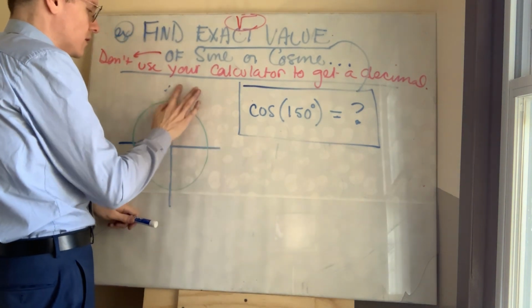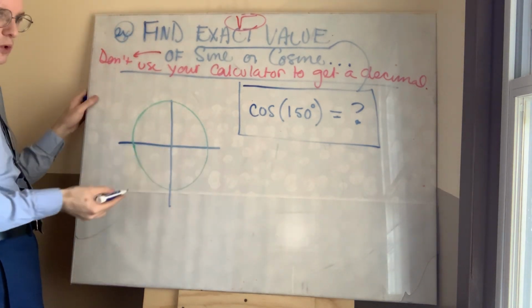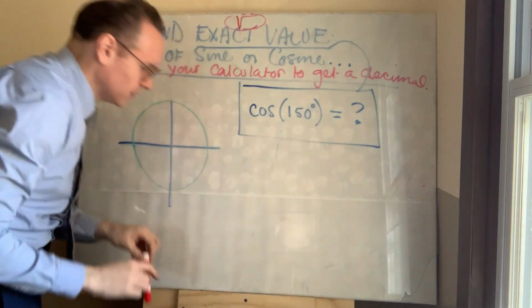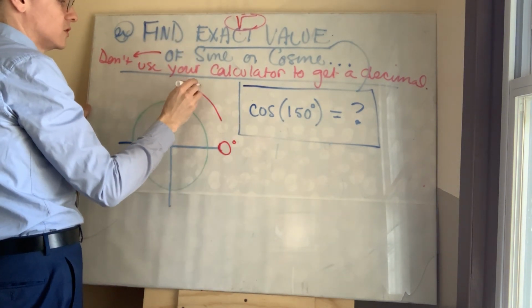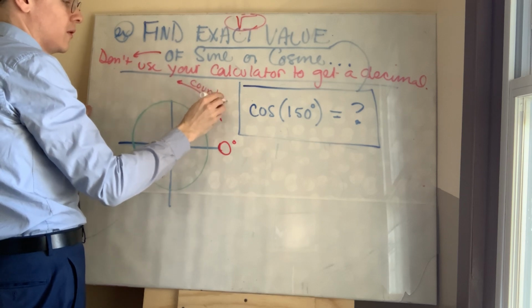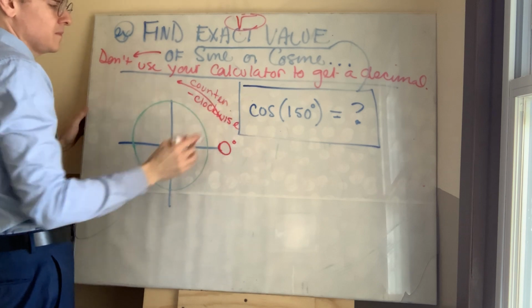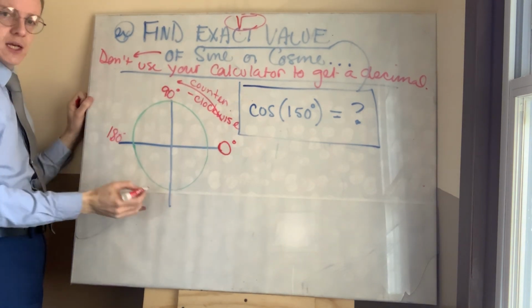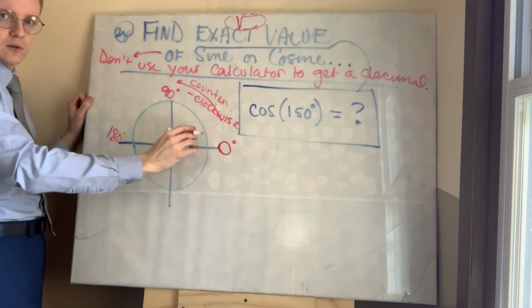what are the endpoints in terms of degrees? This is an x and y coordinate plane, but if this is 0 degrees, and remember we read counterclockwise to read angles, this would be 90, and this would be 180, and 270, and back to 0 would be 360, a complete circle.